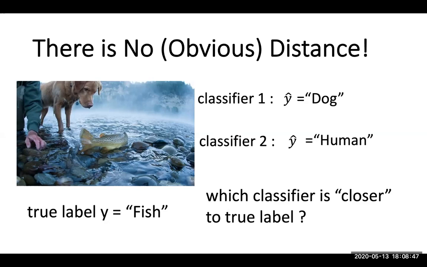But in the end, also when you have multiple labels, you just have a more complicated set of finitely many different label values. So the label values would then be combinations of dog, human, or fish. But in the end, it's a finite number of label values. And this is what characterizes classification problems: a finite number or a discrete set of label values.